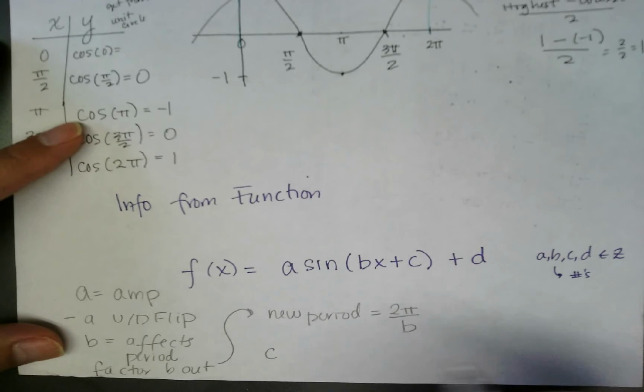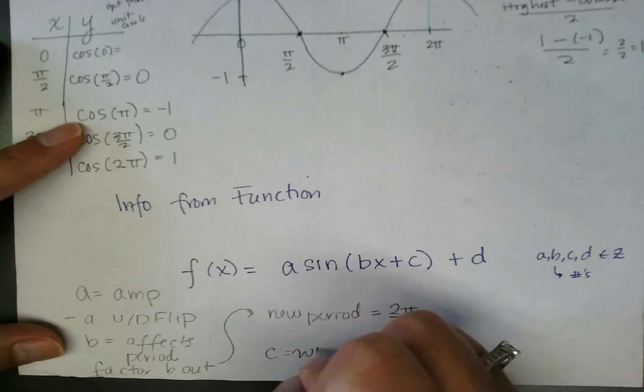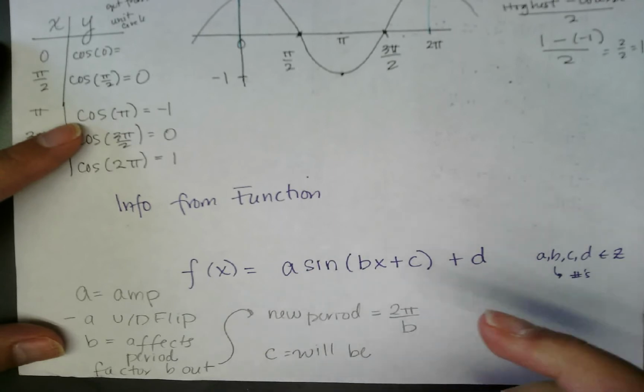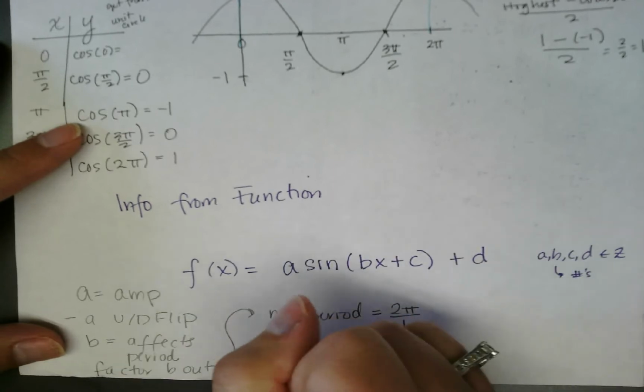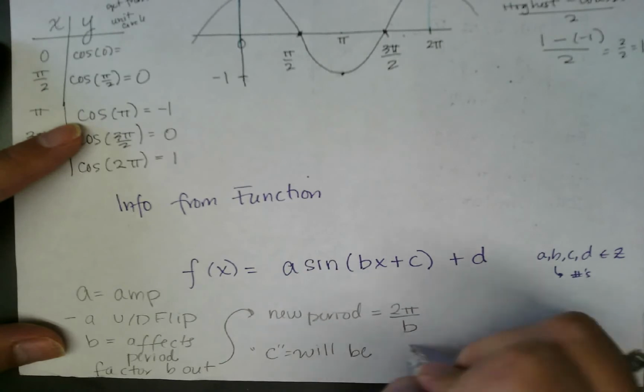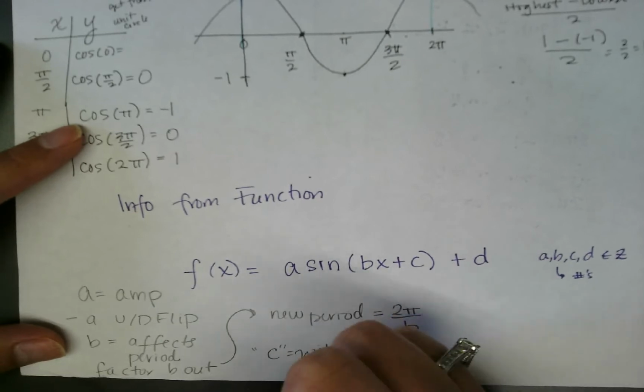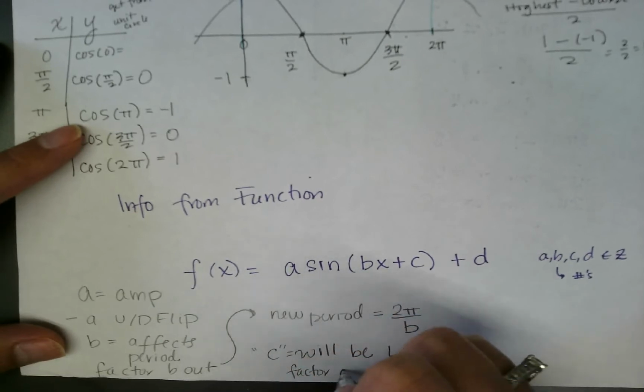Your "C" will equal your left-right shift. So why do I put C in quotations? Because you have to factor out B first.